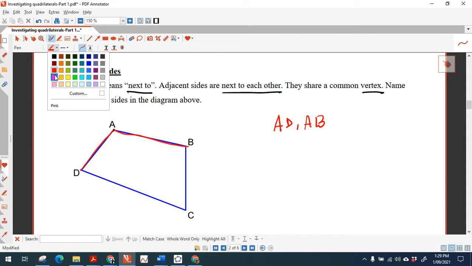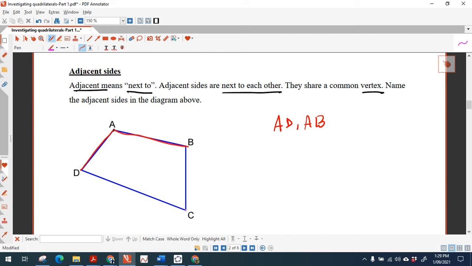Let's have a look at another pair. If you take the corner C, which is called the vertex C, the two sides joined into that corner are the adjacent sides. So you can see that CB is adjacent to CD.